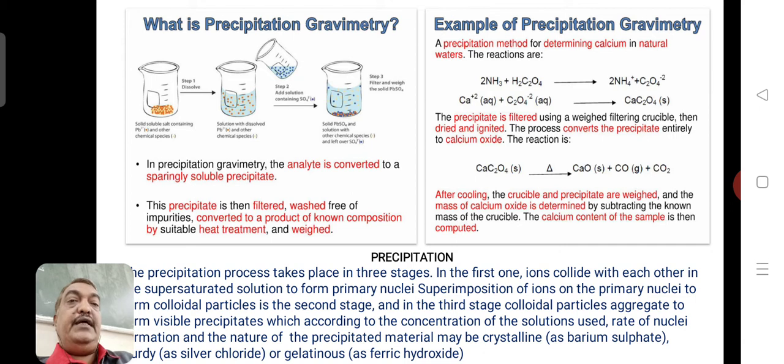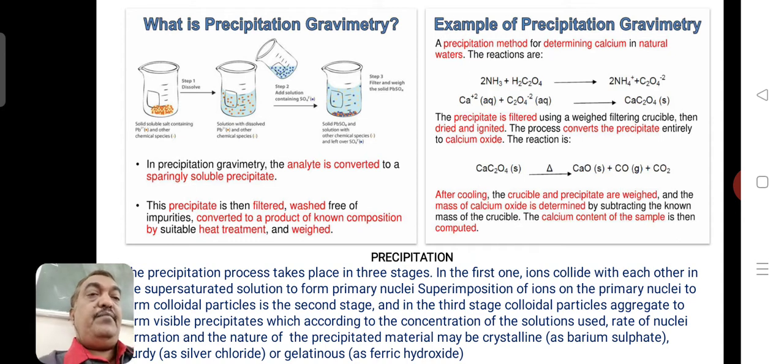So here the lead chloride dissolved in water is in solution form. To this, when you add a precipitating agent like sulfuric acid, there is a formation of a precipitate of lead sulfate. This is how precipitation occurs in the case of any solid which is dissolved in a given solution.